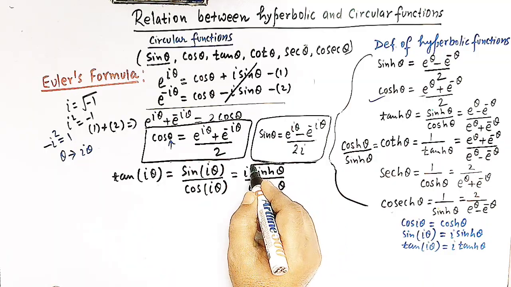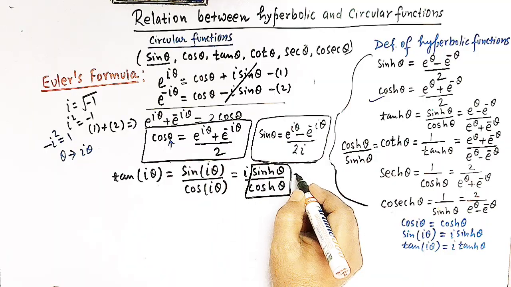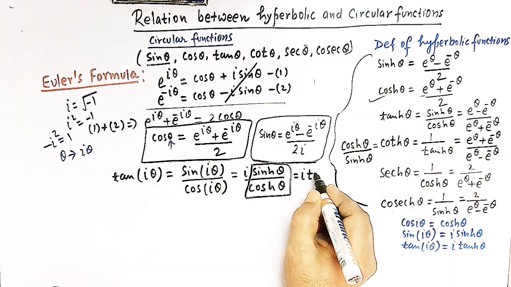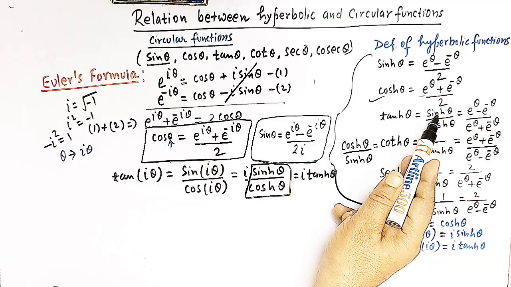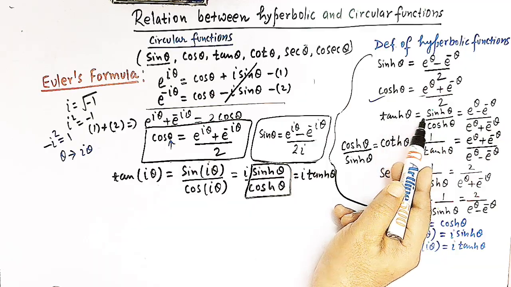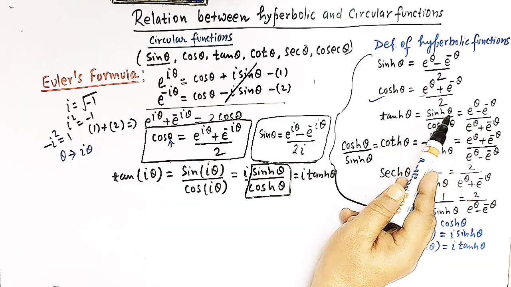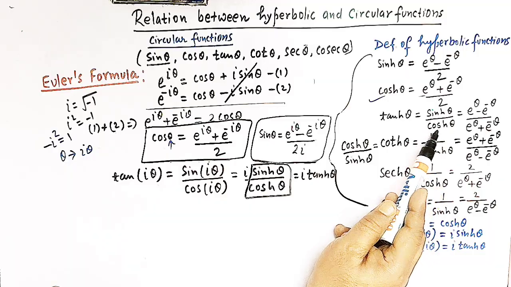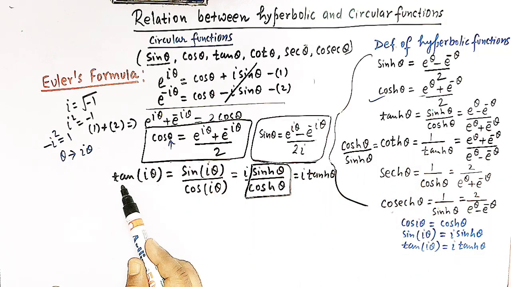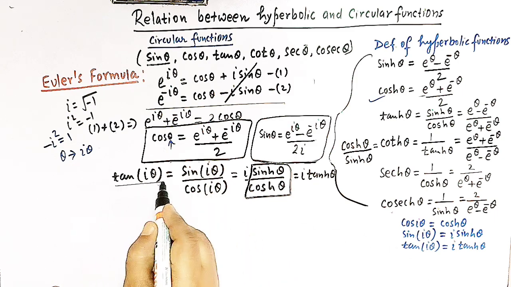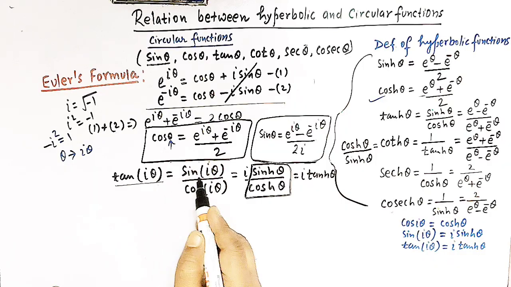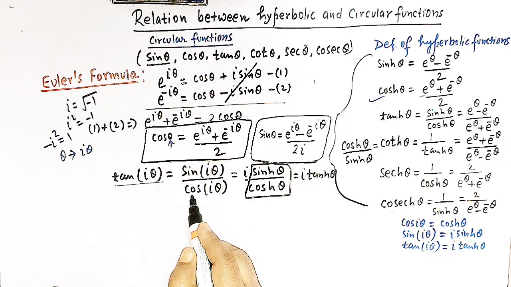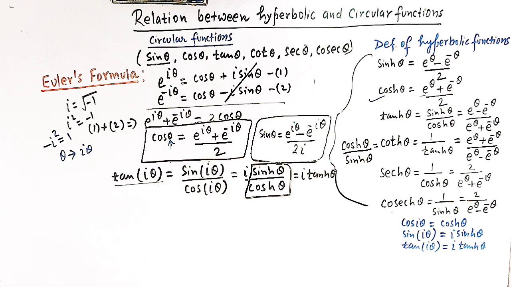So now this expression is equal to hyperbolic tangent of θ due to this definition, that is tanh θ is equal to sinh θ divided by cosh θ. So we get the same relation by using this definition of tan(iθ), which is equal to sin(iθ) divided by cos(iθ).